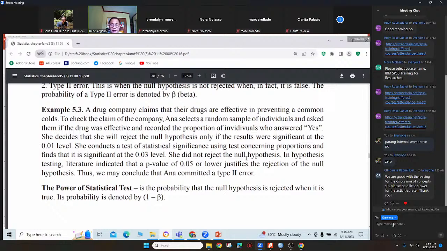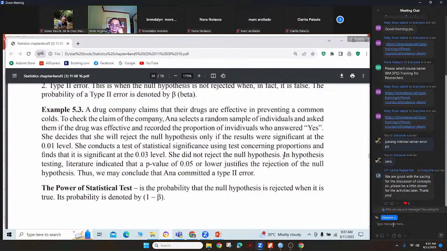Now, she did not reject the null hypothesis because she set the alpha level at 0.01 and the p-value that she got, based on her data, was 0.03. Now, this is greater than 0.01. Of course, if the calculated is greater than the standard, then you do not reject the null hypothesis.